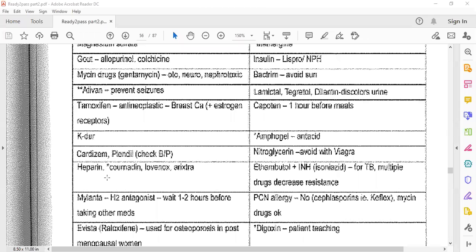So if I ask what is the indication or use of heparin, heparin is used to prevent blood clots from forming in people who have certain medical conditions. So what are the most common side effects of heparin?